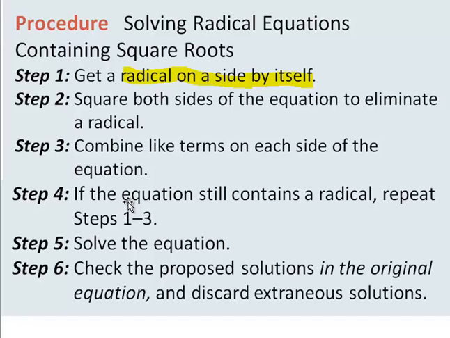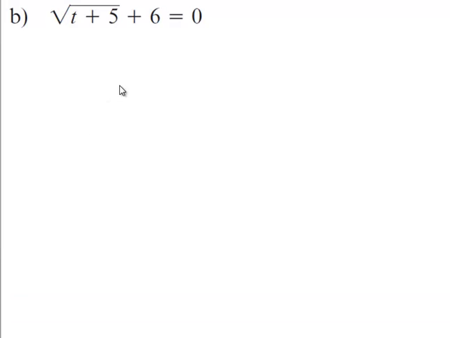And in this case, we were done at that point, so there weren't any more radicals. We solved the equation, and then we checked the proposed solution in the original equation. And we were lucky we didn't have to throw anything out. Let's take a look at another one.